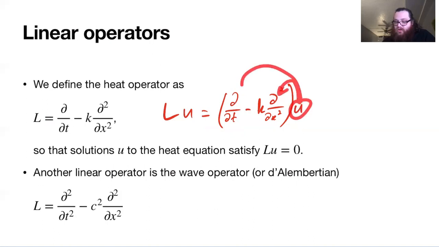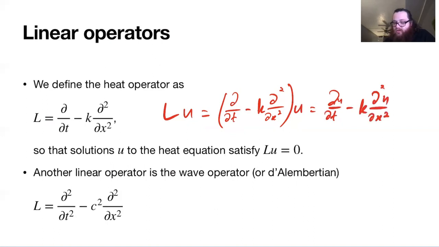Let's distribute u across there. We get du/dt minus k d²u/dx². That's how this operator L acts on vectors u, and this is the vector that gets output.